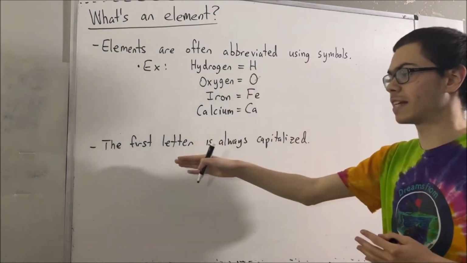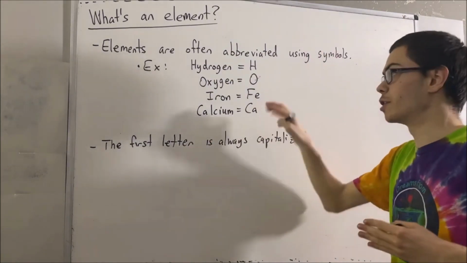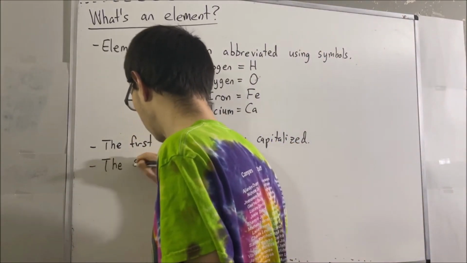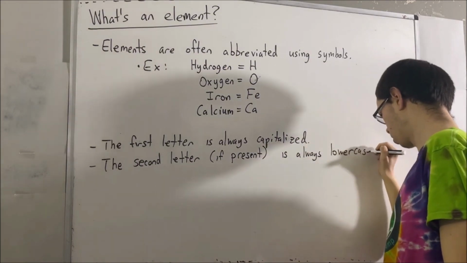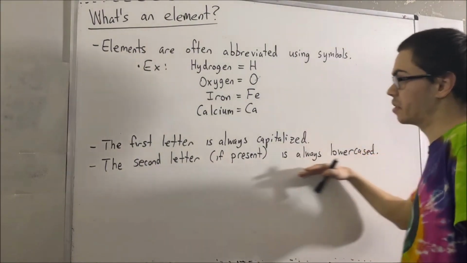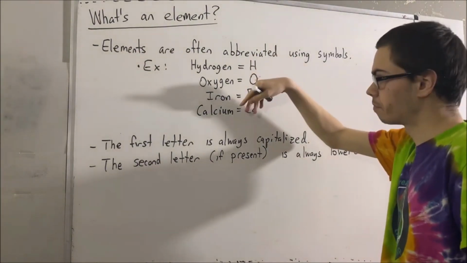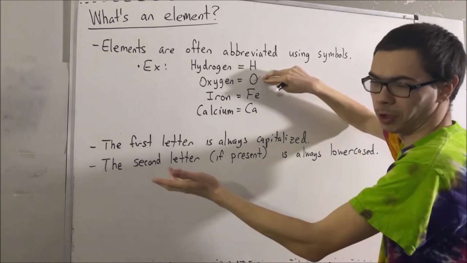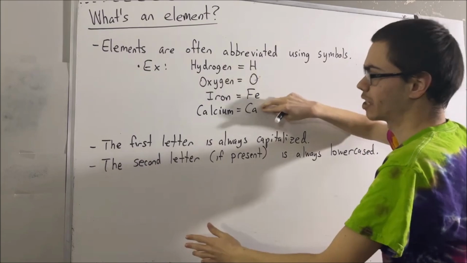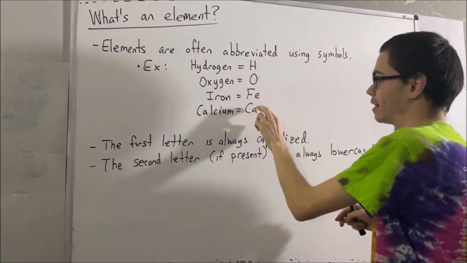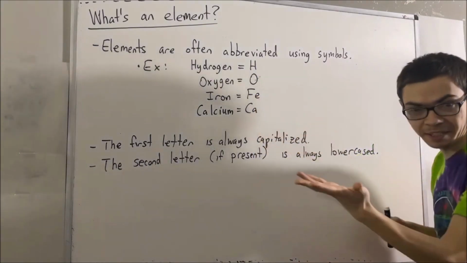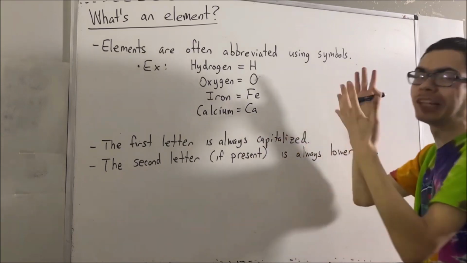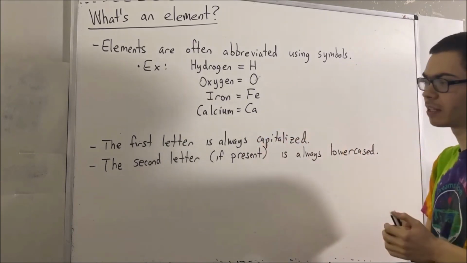But if we do have a second letter, then the second letter is always lowercased. Right? And we see that this holds in all these examples. In the first 2 examples, we don't have a second letter, so we don't worry about it. But in the last 2 examples, we actually do have a second letter, and it's lowercase. That's pretty much how element symbols work.